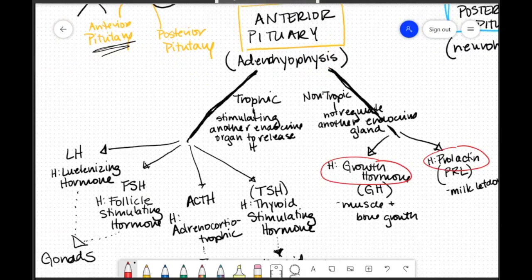Those trophic hormones are released and they specifically target another endocrine gland, telling it to release its hormone. So it's a two-step process. The trophic hormones are luteinizing hormone, follicle stimulating hormone, adrenocorticotropic hormone, and thyroid stimulating hormone. So these are all from the anterior pituitary.